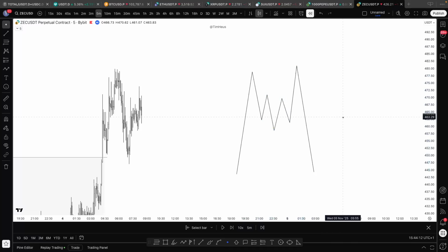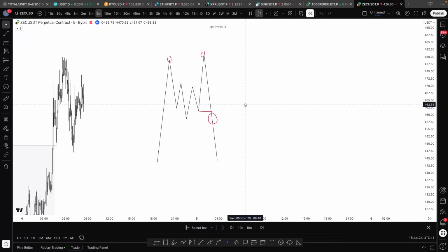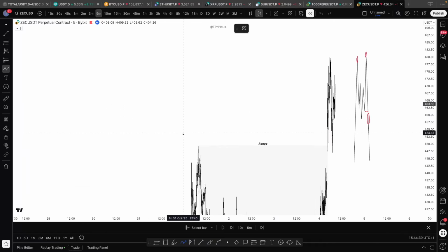This is your manipulation phase. So you have a tap 1, you have a tap 2, you break structure, and you enter. Why do you enter with only 2 taps? Because a PO3 very often only has 2 taps in the manipulation phase, because your tap 1 was also already there.